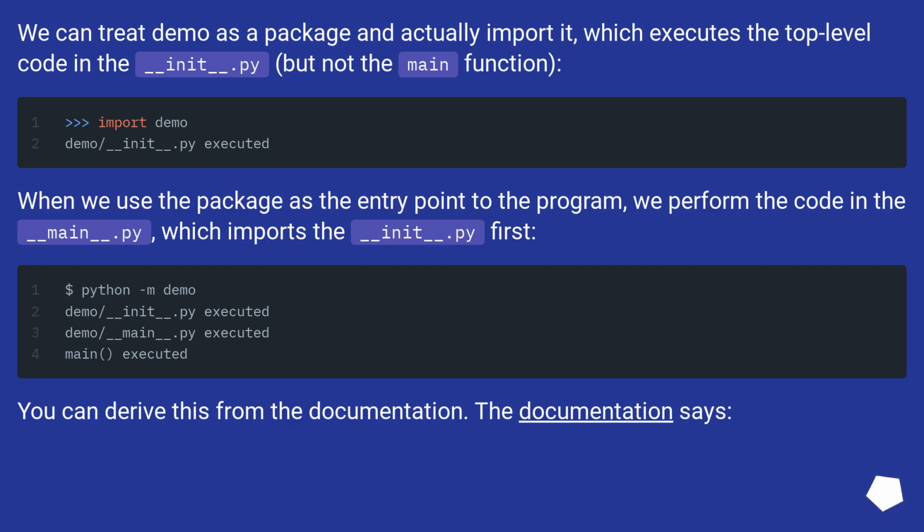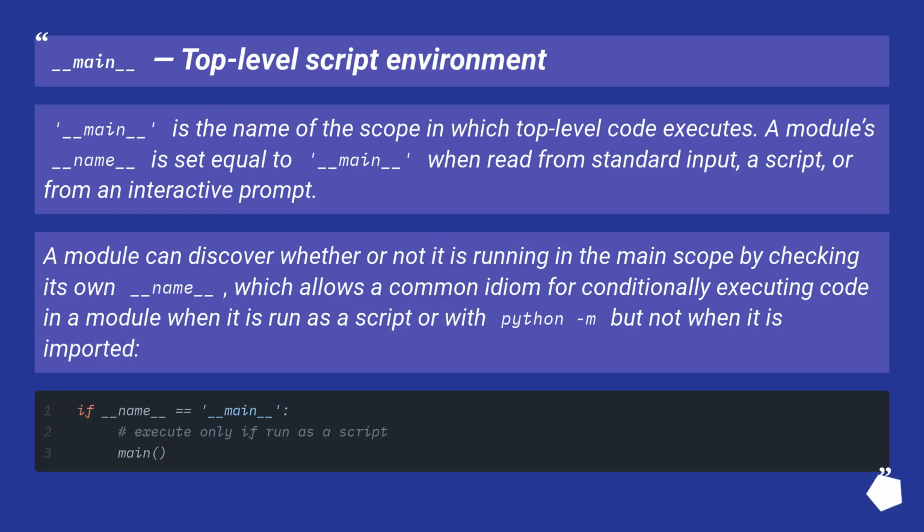The documentation says, __main__ is the top-level script environment. '__main__' is the name of the scope in which top-level code executes. A module's __name__ is set equal to '__main__' when read from standard input, a script, or from an interactive prompt.